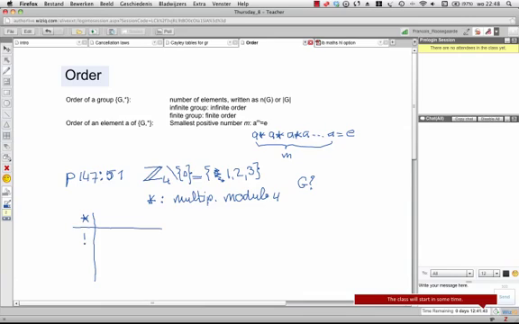I have the elements 1, 2 and 3. And then, for instance, 1 star 1. Well, star is here a multiplication, so to make that clear I can write it in a different way.